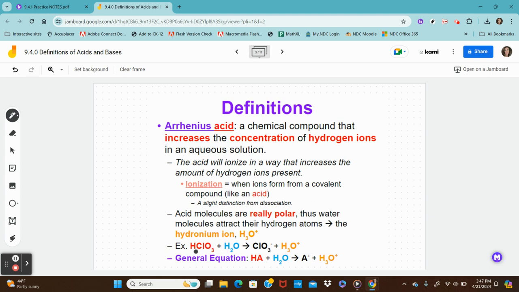So here's an example, HClO3. This is an acid because, from left to right, it gave its hydrogen to this water, so it became hydronium, and then this is ClO3 minus, its ion. Here's the general equation.